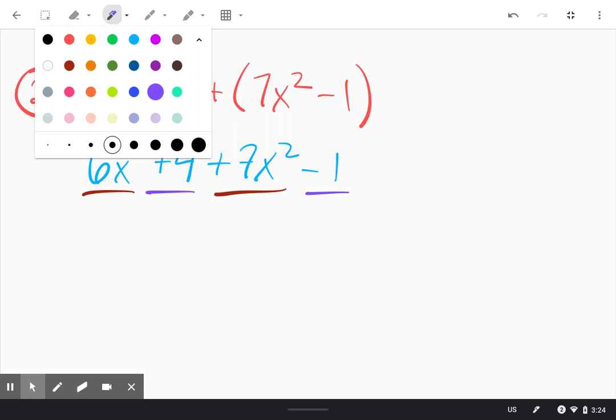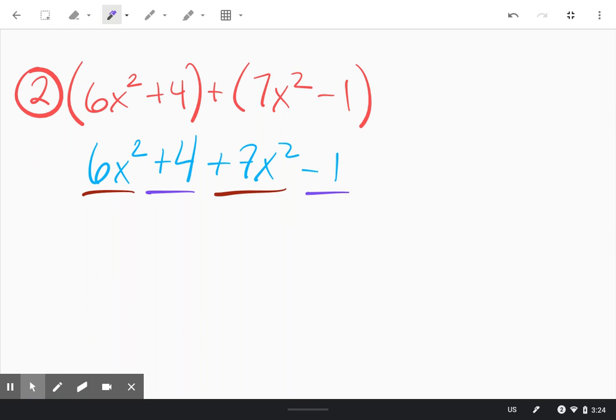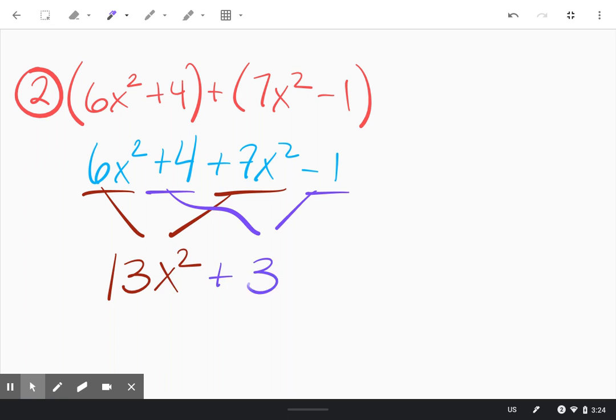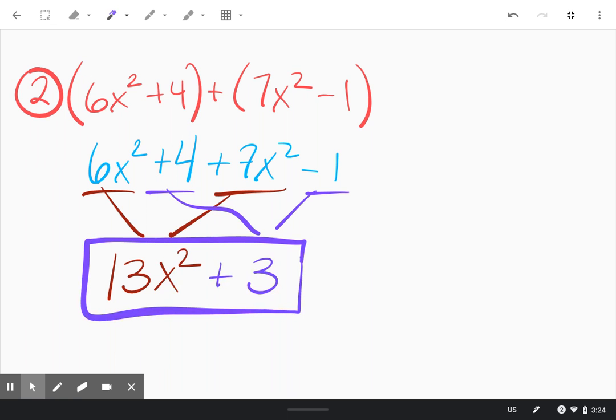These are both constant terms, so they go together. The 6x squared and the 7x squared combine to make 13x squared. Then looking at the purple ones, we have 4 minus 1, which is plus 3. And so that would be the final answer.